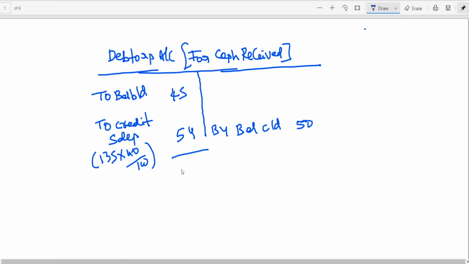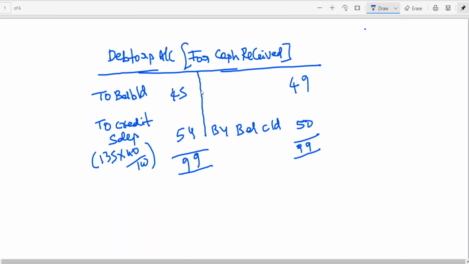So 45 crores plus 54 crores, 5 plus 4, 9, 99 crores. Is this clear? So 99 minus 50. Okay, 99 minus 50 is how much? 49. So 49 is the cash collected.